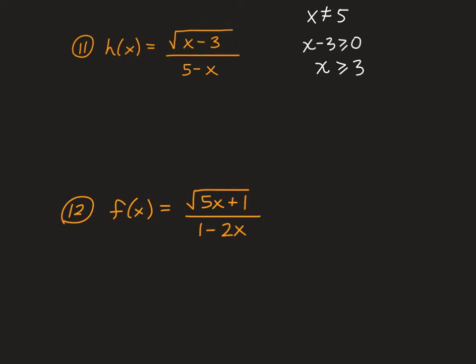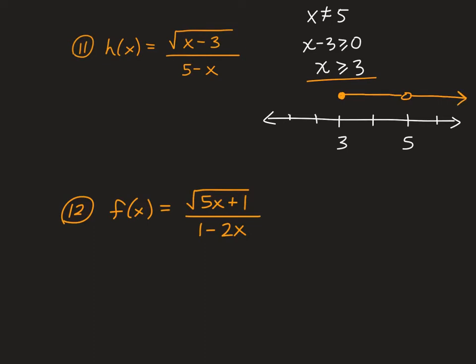So let's take a look at this on a number line just to be a little bit visual here. All right, so x can be 3, I'll do this in orange here. X can be 3 or greater, but it can't be 5. So I have a little hole there.